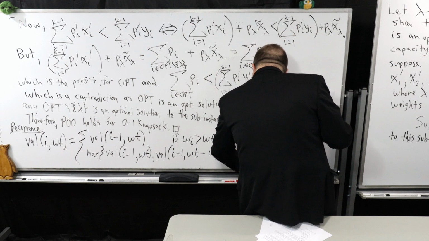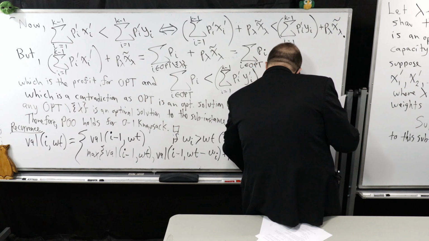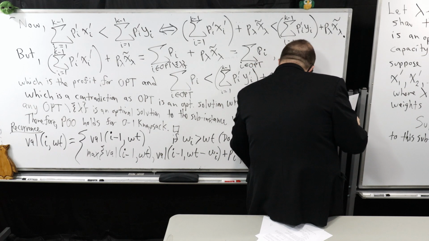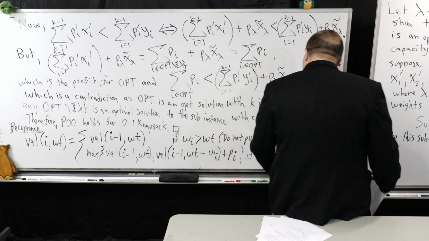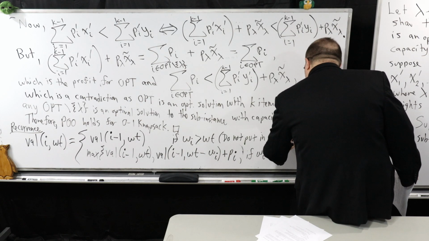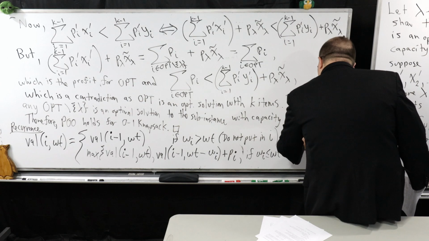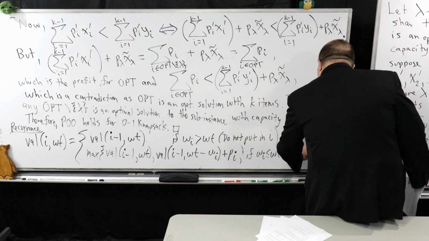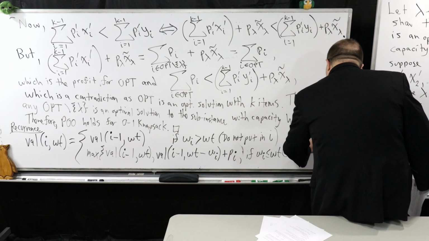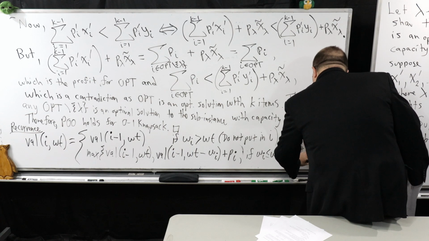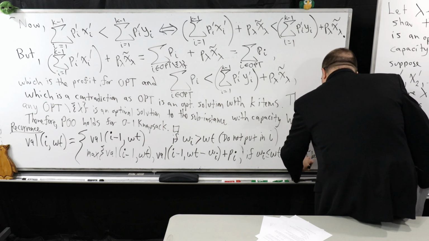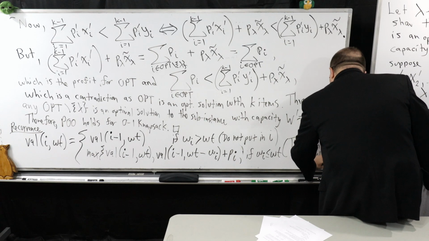So if I could fit item I in, there's only 2 things that can happen. So the second case is try to put I in. You pick the best option.